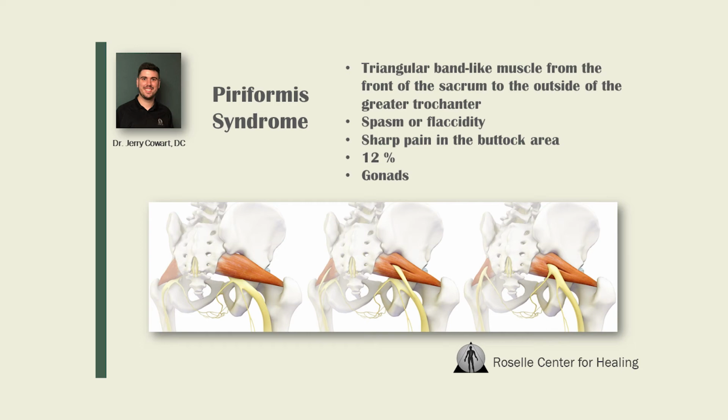And either one of those two individuals can easily have sciatica, that deep boring pain or deep sharp pain in the buttock area, the burning down the leg, weakness, feet weakness, things of that nature, because of that relationship to the gonads.